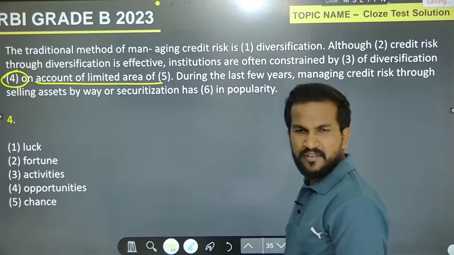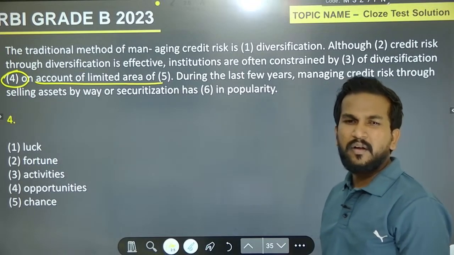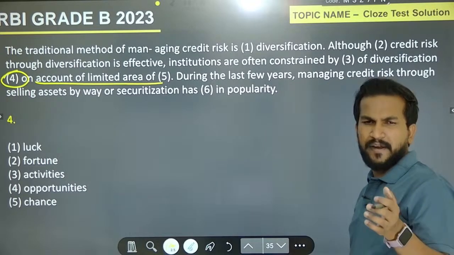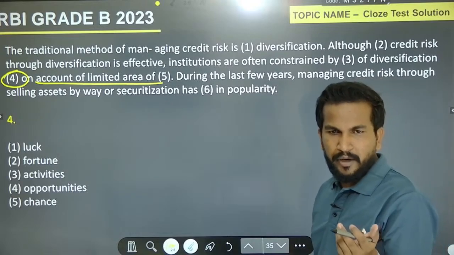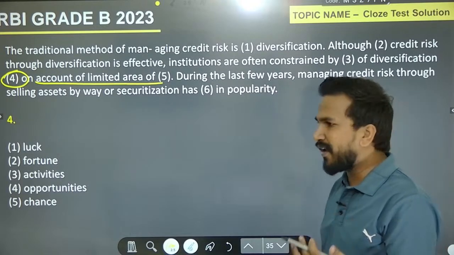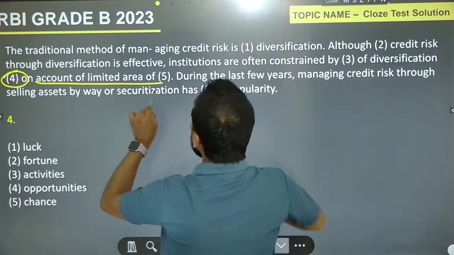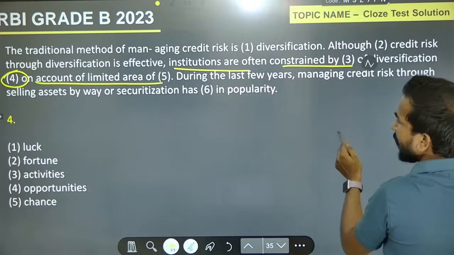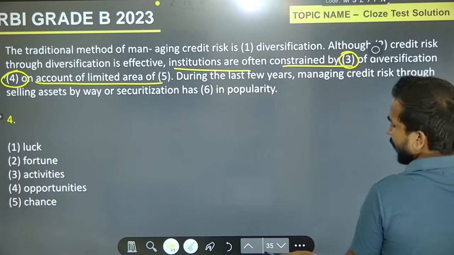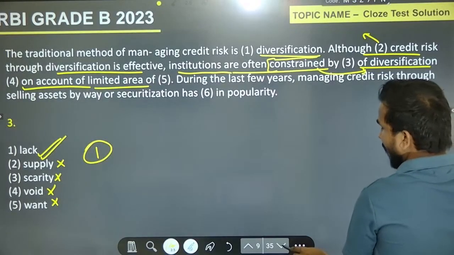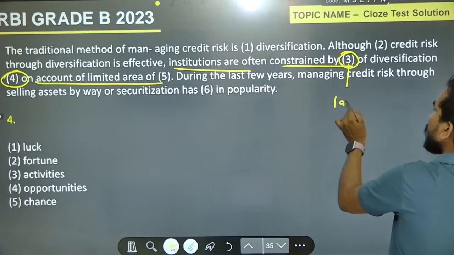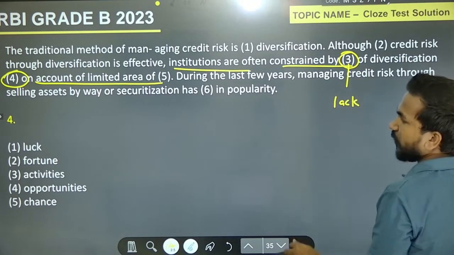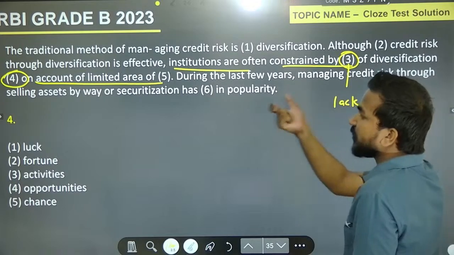Okay, what is it? Void. We usually use the phrase that is null and void. That is like zero, that is empty. Okay, what we are talking about? We are talking about institutions are often constrained by blank. That we have the word that was lack of diversification, opportunities.